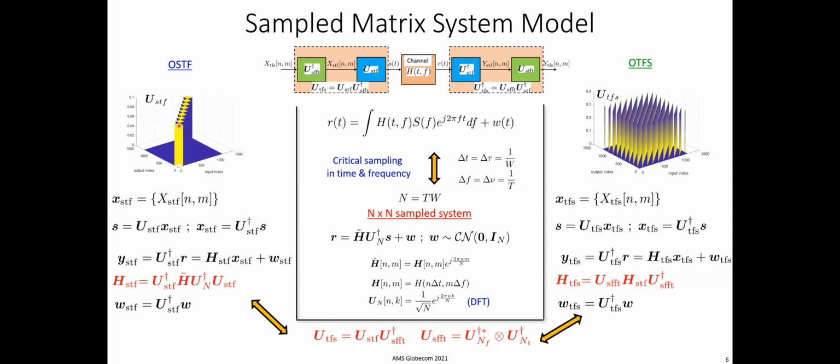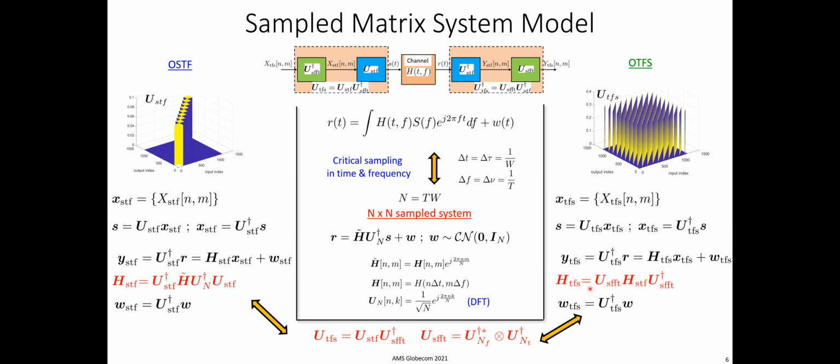U_TFS, and these are the localized time frequency basis functions. U_TFS, you can see that this spreads the information over all of the time frequency plane. And again, you modulate onto the TFS basis functions, or transform, and at the receiver, you project onto them.